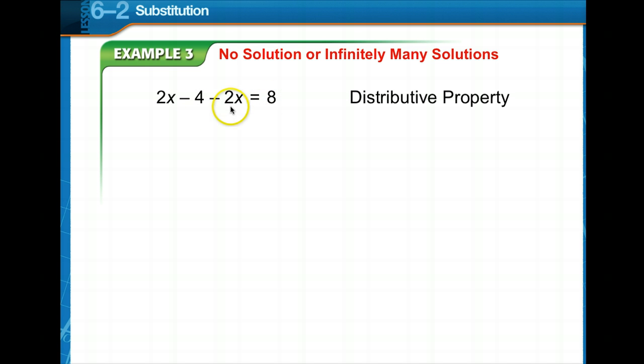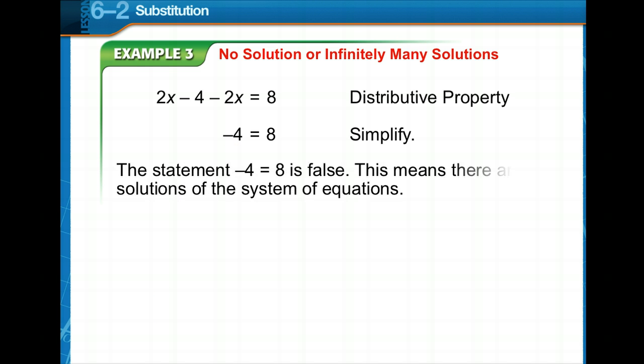What's going to happen to our x? Sure enough, our x's subtract, we end up with 0. We end up with no x's. Is -4 ever equal to 8? It's a false statement, so that means there are no solutions to this system of equations.